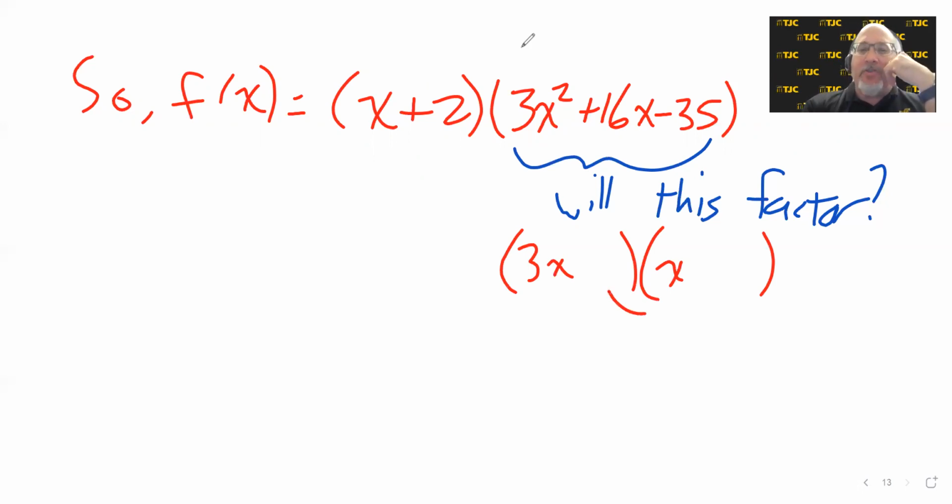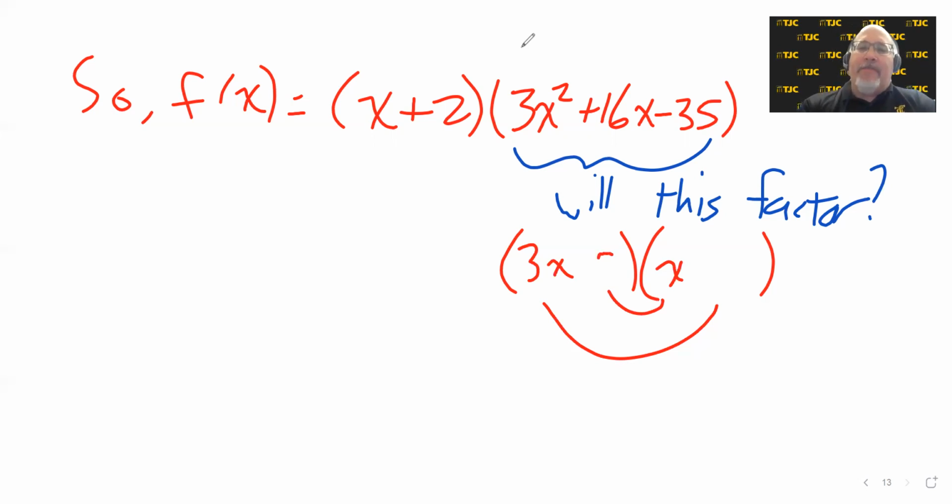But keep in mind that I have to create a 16 when I combine the outside and the inside parts of the full process. So can I drop numbers in here to create a 16? 5 and 7. No, 5 and 7 doesn't work either way. I doubt 1 and 35 will work. I'm pretty sure this is prime. I'm pretty sure 3x squared plus 16x minus 35 will not factor.